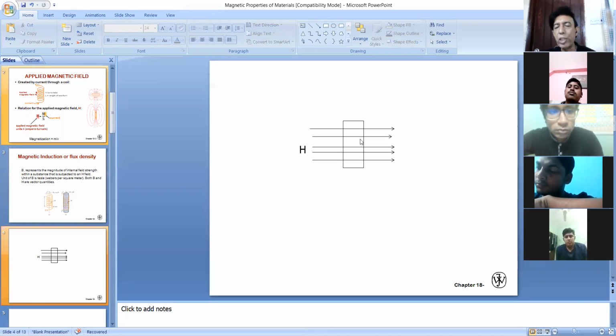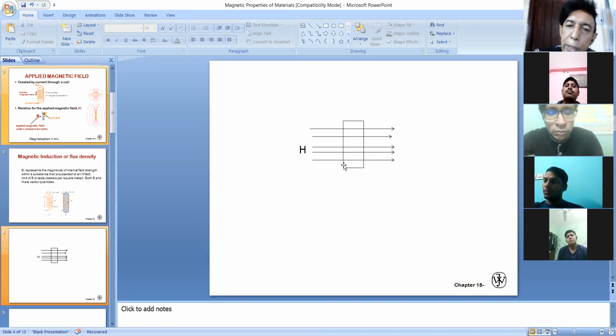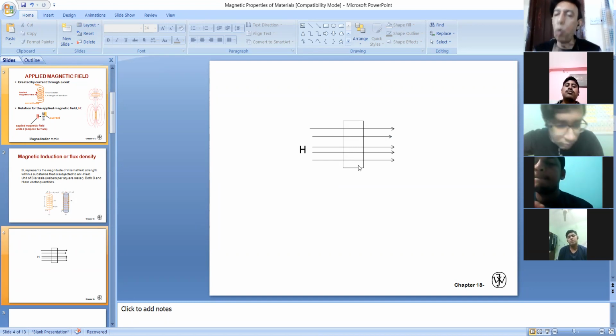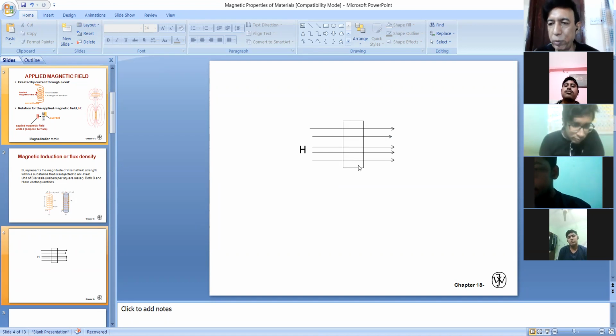Due to application of H, this magnetic material became a magnet. So it will have its own lines of forces.